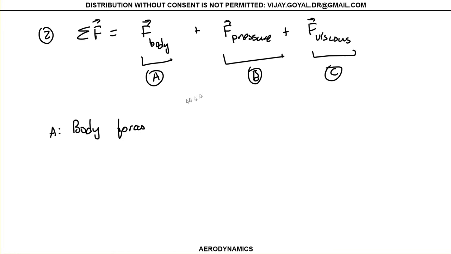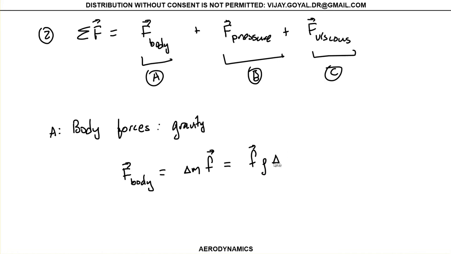Okay, and the body forces that we typically consider in a fluid typically are gravity, and so in that sense your body force will actually equal delta m times F, okay, where F is actually equal to rho times delta B. So in this expression, this is nothing else than the body force per unit mass.